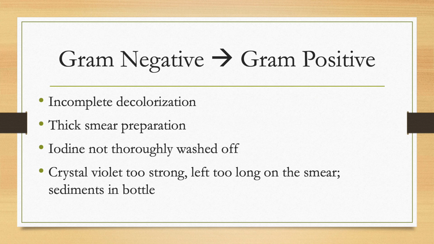Next, we have reasons why gram-negative bacteria sometimes become gram-positive. Right, the first one is an incomplete decolorization. So if you did not decolorize your smear well enough, there might be some leftover primary stain in your cells, and this does not allow our secondary stain to stain our gram-negative bacteria.